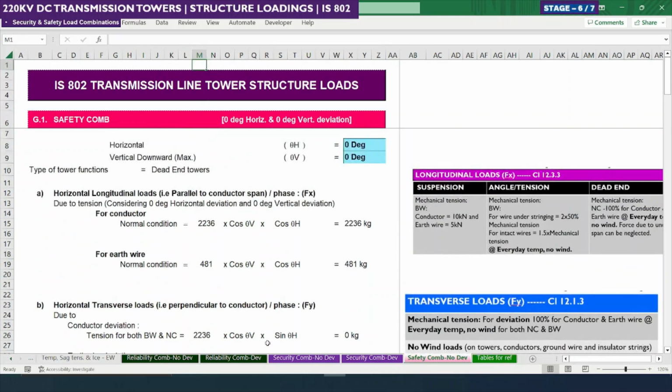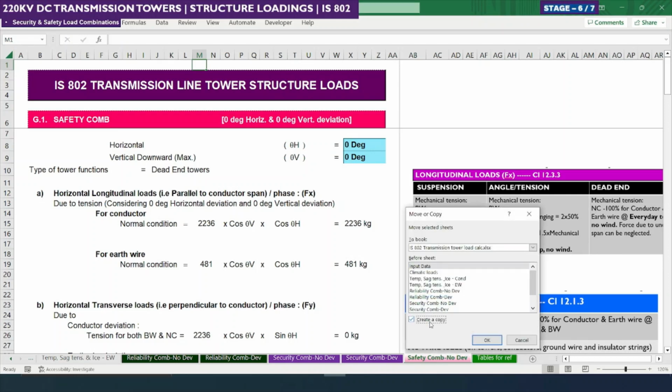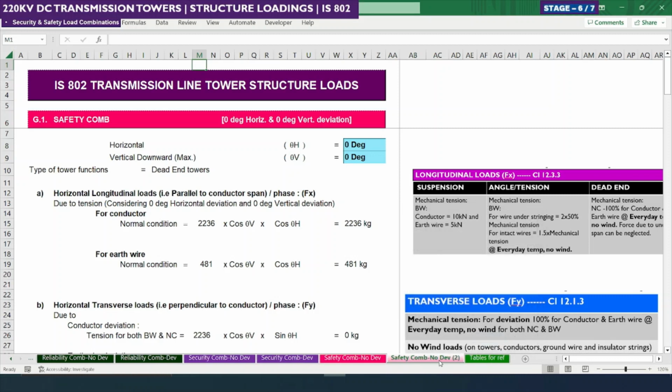Now we can do this for combination with the deviation gantries. So we can do copy and paste. You can place this sheet before here, and I'm just editing by deleting this so that it is applicable for conductor deviation calculation.